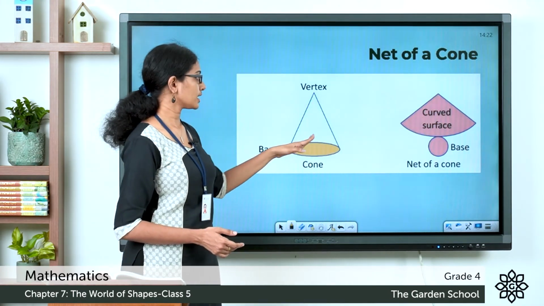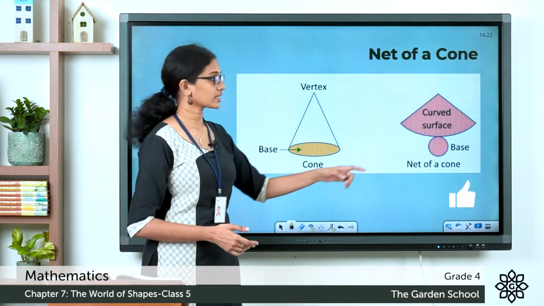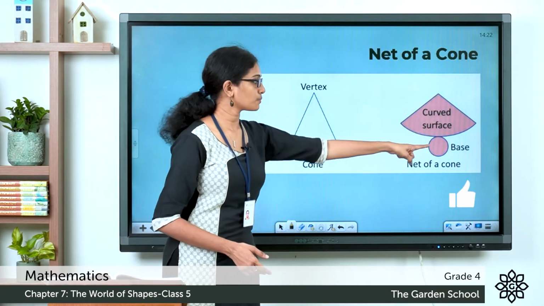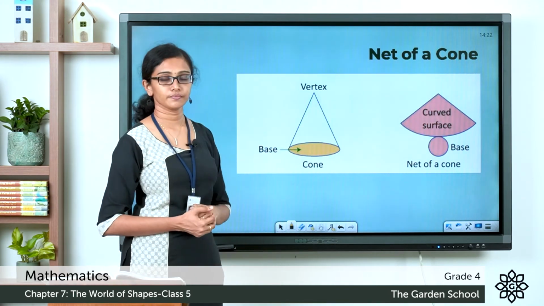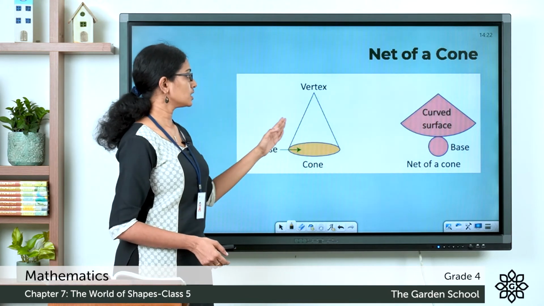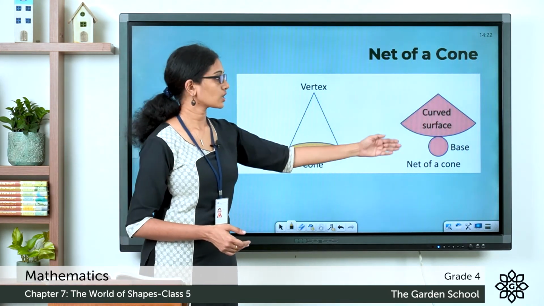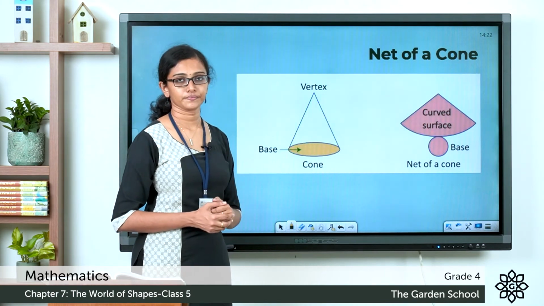And if you cut along the edges of the flat face and the curved face, you'll get a pattern like this. So this is the base corresponding to the flat base of the cone, and this is the curved surface corresponding to the curved face of the cone. So this is the net of a cone.